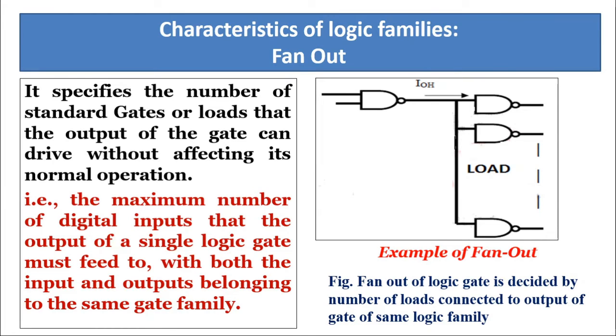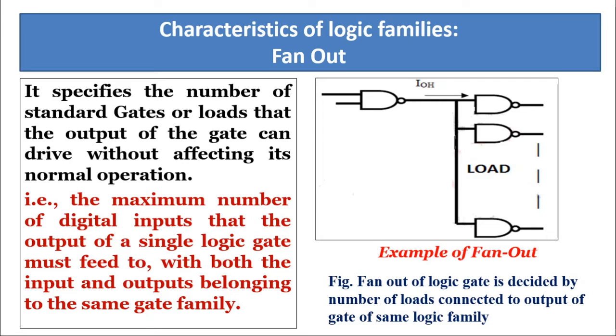It specifies the number of standard gates or loads that the output of the gate can drive without affecting its normal operation. That is the maximum number of digital inputs that the output of a single logic gate must feed to, with both the input and outputs belonging to the same gate family.